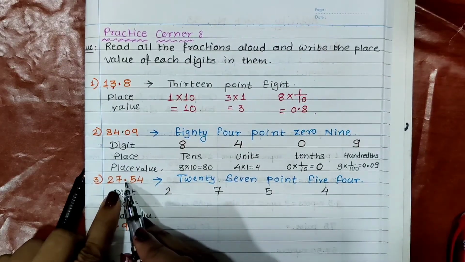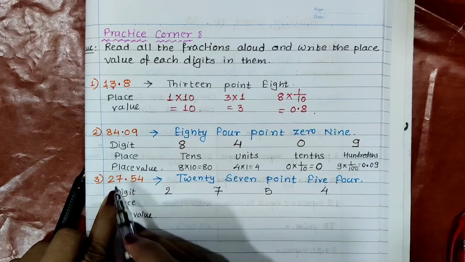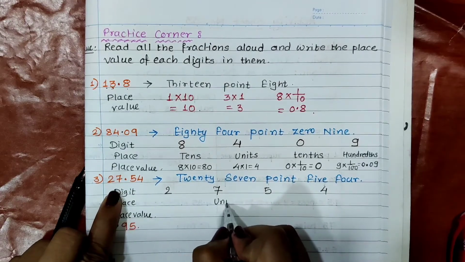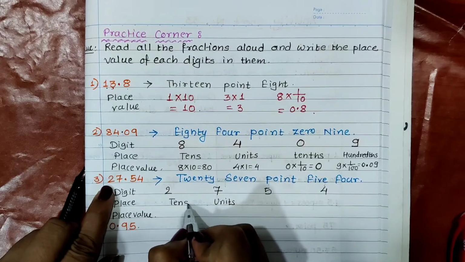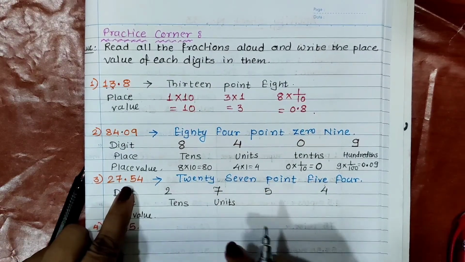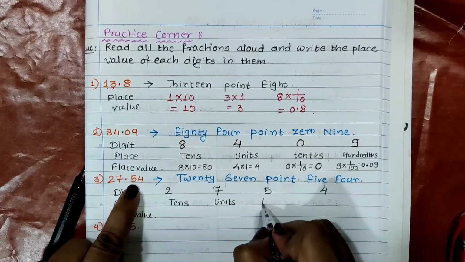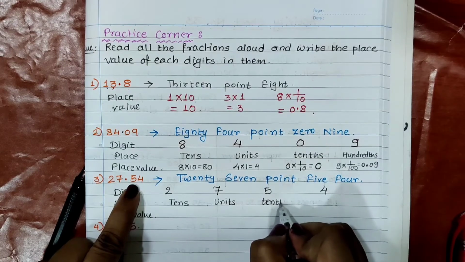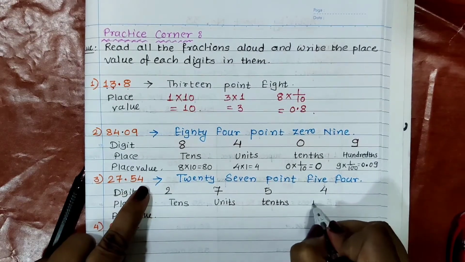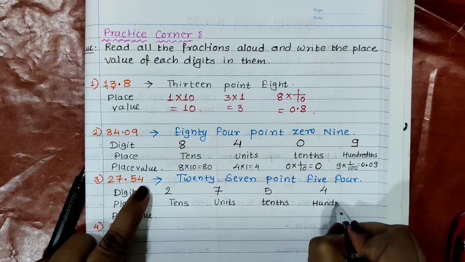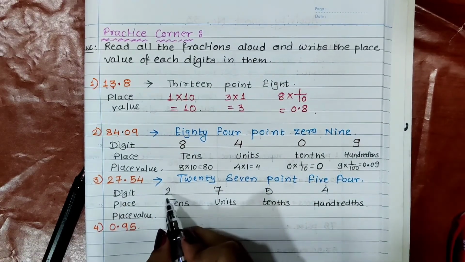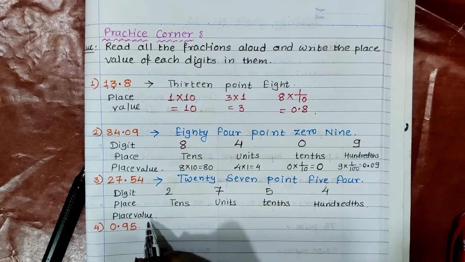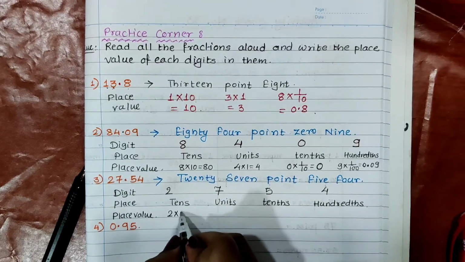Okay. So on left side, this first digit 7 is at units place. Next digit will be at tens place. On the right side of point, first is at tenths place. Next one is at hundredths place. Okay.